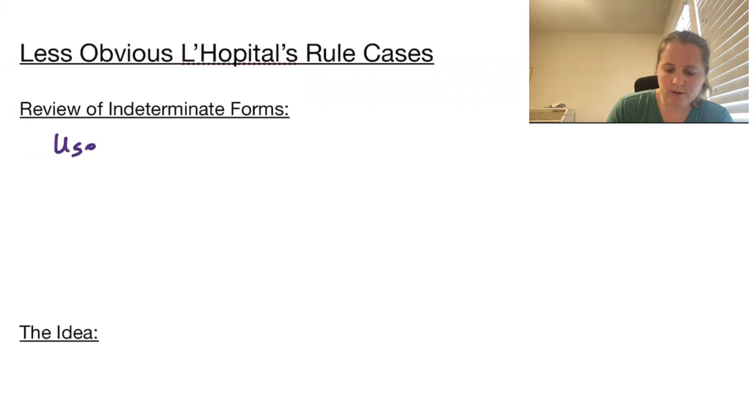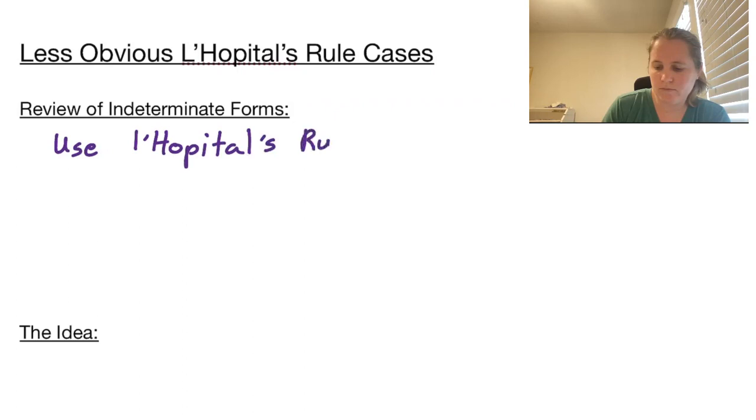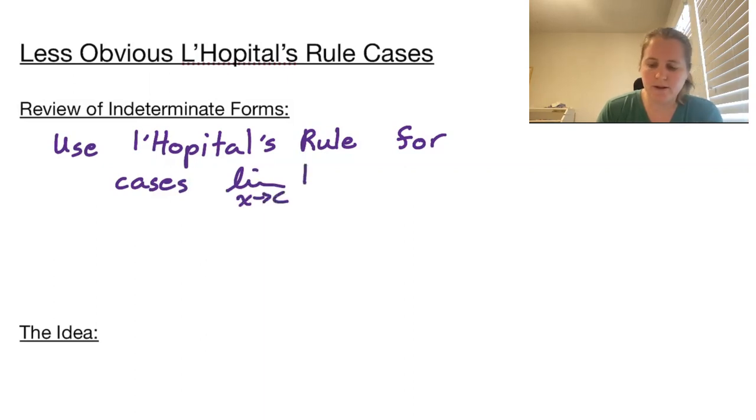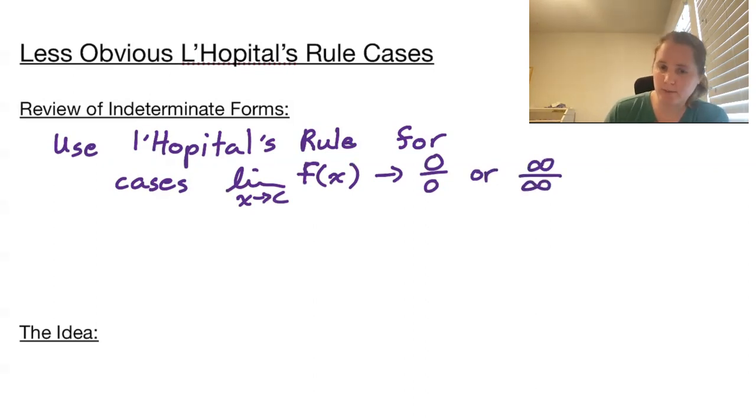So we used L'Hopital's rule for the cases where a limit as x approaches c of some function f of x went to either 0 over 0 or infinity over infinity, right? But we do have other indeterminate forms.